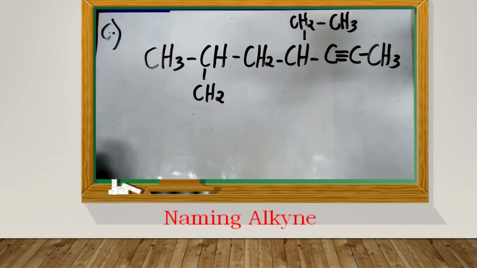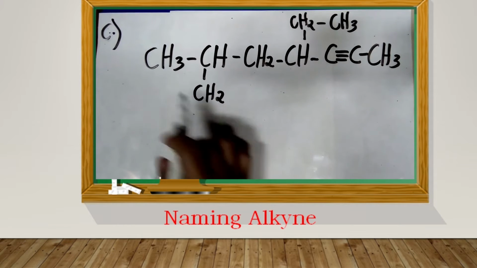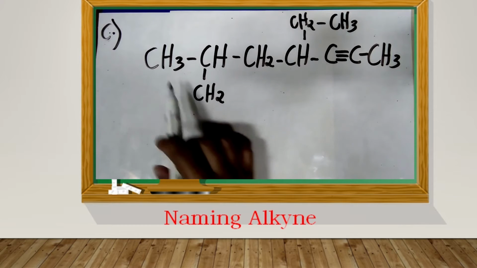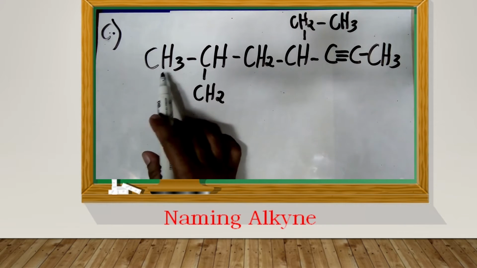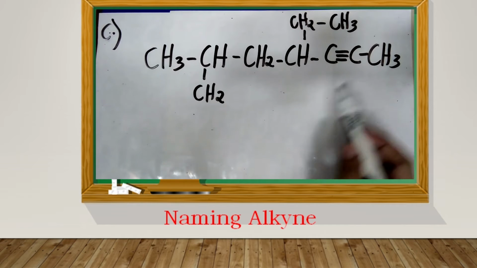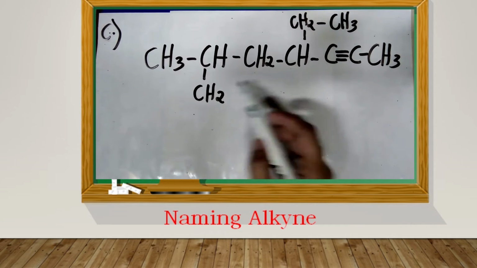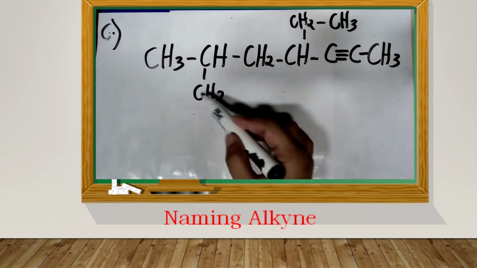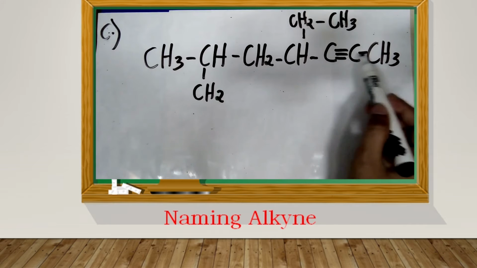Okay, so for example letter C, we have the given structure here. The first rule, look for the longest chain, or the parent chain. Let us count. We can start from the left: 1, 2, 3, 4, 5, 6, 7. So 7 is the longest chain. How about this way? 1, 2, 3, 4, 5, 6. There's only 6. Another way: 1, 2, 3, 4, 5, 6, 7.